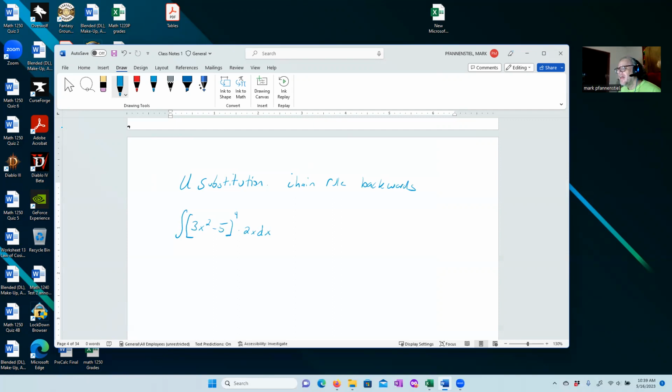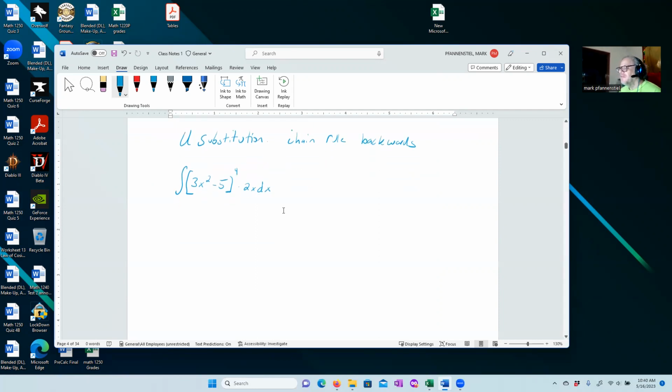Now, before you use substitution, we'd have to FOIL this thing out to the fourth power, multiply term by term by 2x, and integrate this whole thing piece by piece. Now, as fun as that sounds, we don't have that much time on this planet, so we're not going to do that.